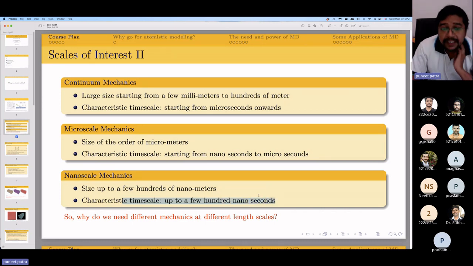Now, this creates a problem, because that creates a huge bottleneck when it comes to atomistic modeling. For example, the largest system that I have seen that has been solved on a computer related to atomistic modeling is a system comprising a trillion atoms. A trillion atoms is nothing but 10 to the power 12, I believe.